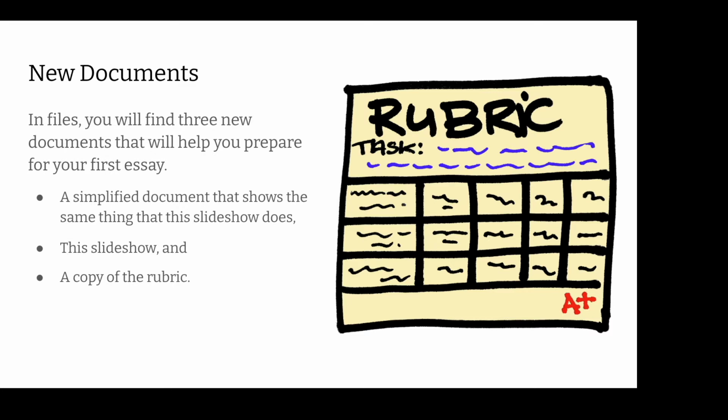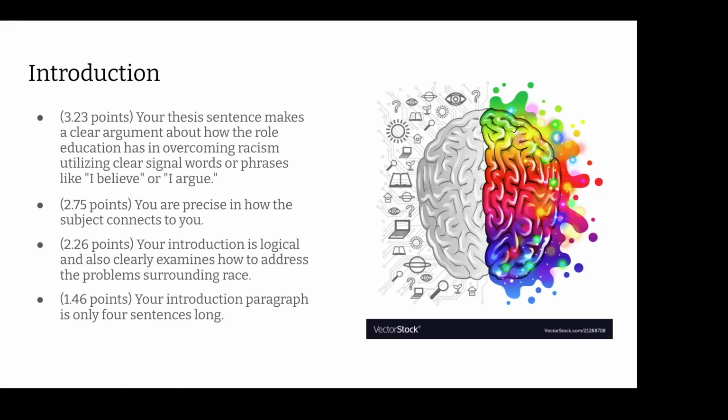It's basically to help you see what's going on. The next thing is this slideshow, of course, uploaded up to files as well. And then the next thing is the copy of the rubric. I'll be going over the rubric with you in a little bit, but I do want to go over some of the points.